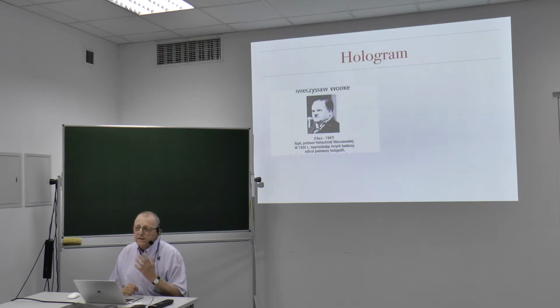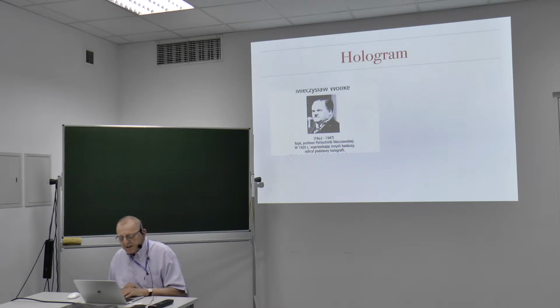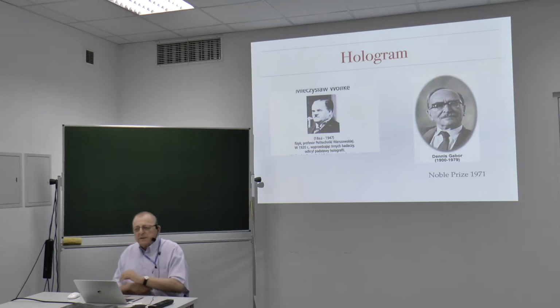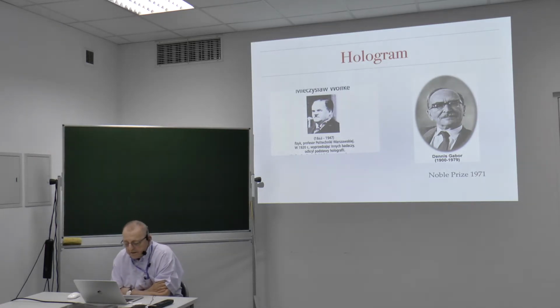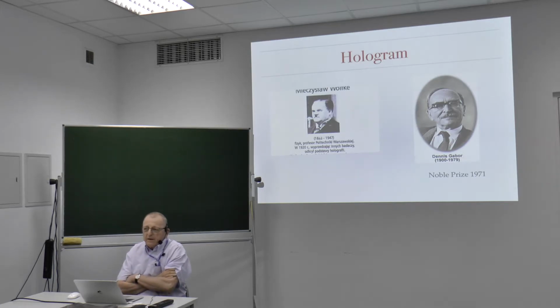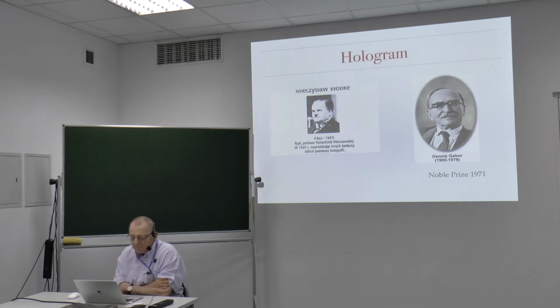So Wolfke was, in fact, a discoverer of the hologram. Denis Gabor, a Hungarian-British physicist, discovered the hologram again in the 40s, after the war, and actually made the first holograms, for which he got the Nobel Prize in 71.